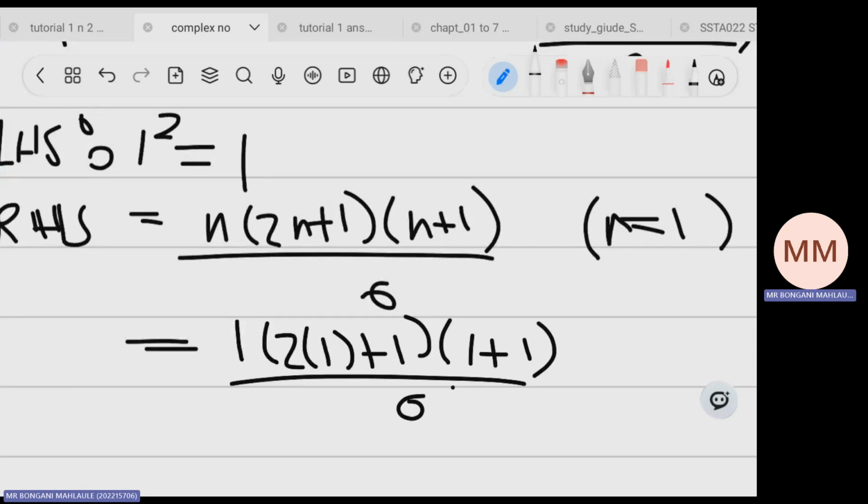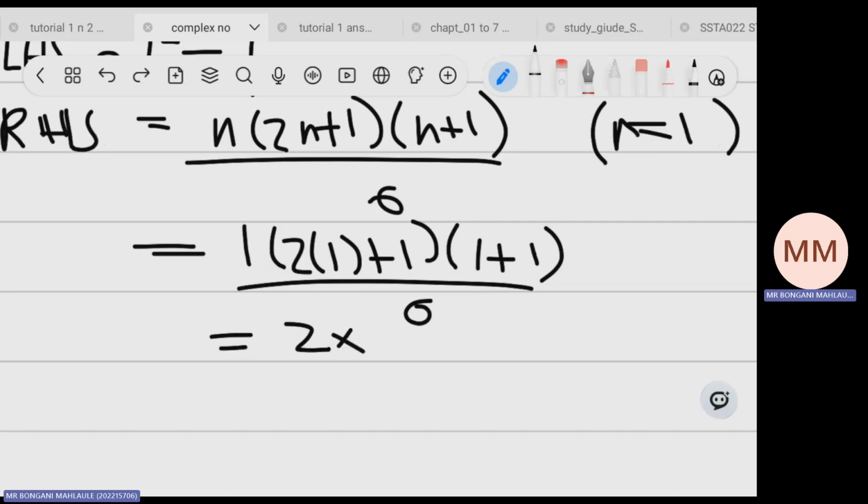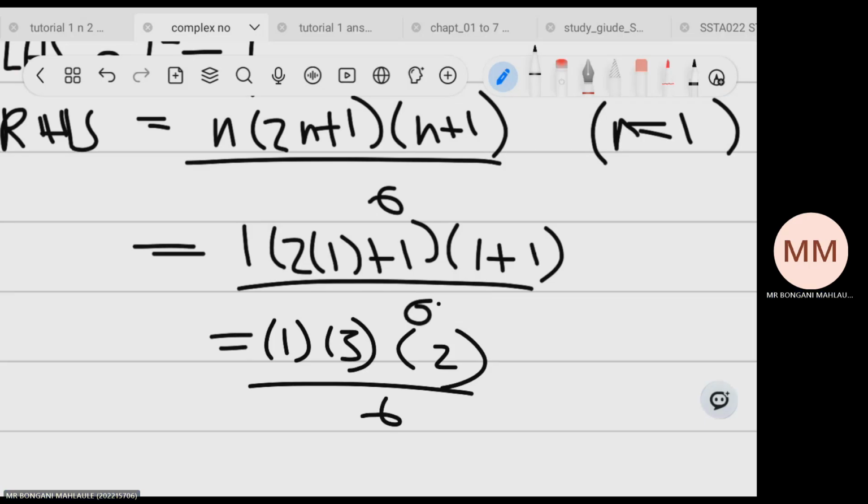This will give us 3 times 1 times 3 times 2 all over 6. And this is just 1. So we can clearly see that, okay, therefore the left hand side is equal to the right hand side.